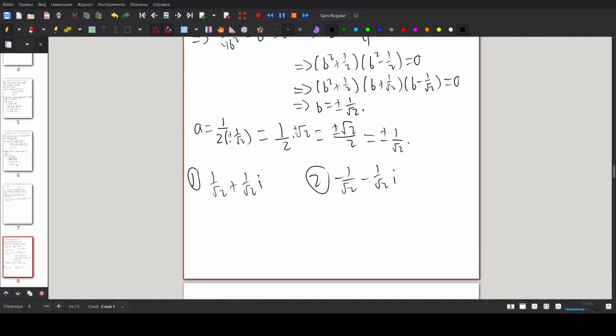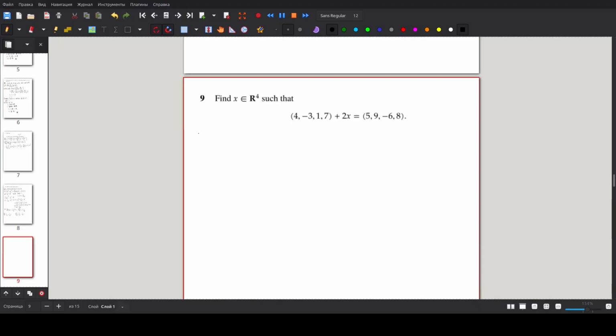Yeah. Next. So these are going to be lists in R4. So first thing I'm going to do, I'm going to subtract this list right here from both sides. So we're going to get 2x equals, so we just subtract the corresponding entries.